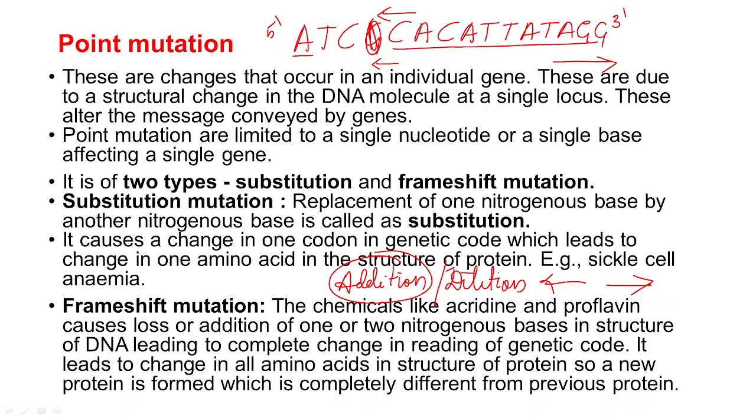The codon is always in triplet form. That is why we could have read GCA if it is not deleted, but when it is deleted, the codon can be read as CAC. We shift to the next one by deleting this one. That is why the complete further sequence will be changed. So that will lead to what? The change in the point mutation, the frame shift mutation.